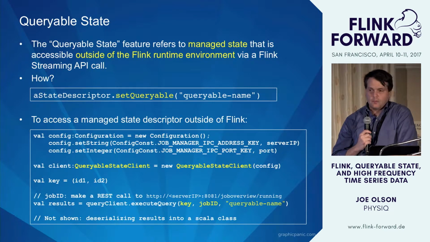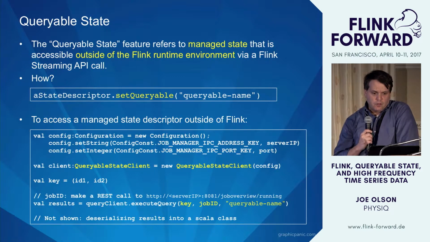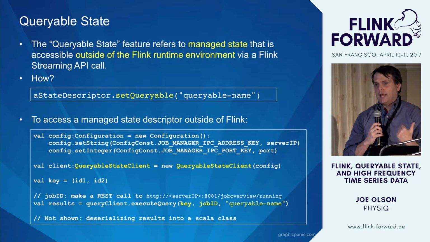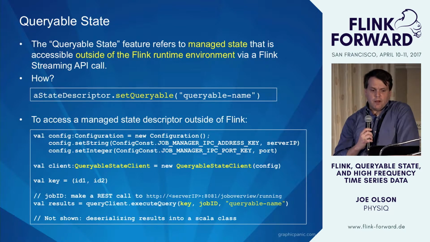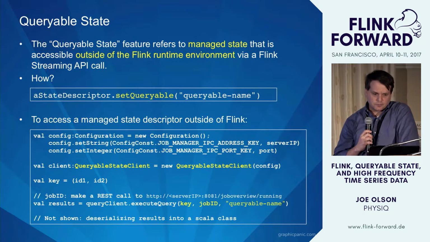The key, remember the state is based on the unique key on the keyed stream. So we go in with the key. We go in with the job ID that's running this, and if you don't have the job ID, you can make a quick REST call to the Flink server to get the job ID based on the job's name. And then the name of the queryable state that you set back at the top of the slide here.